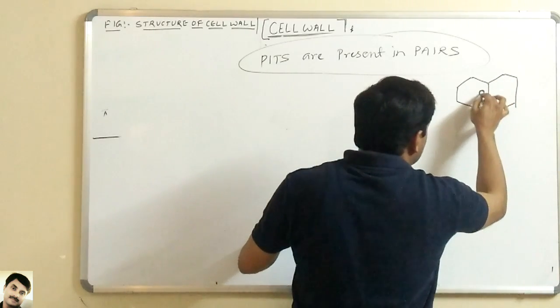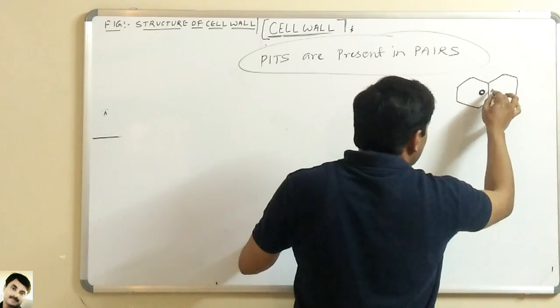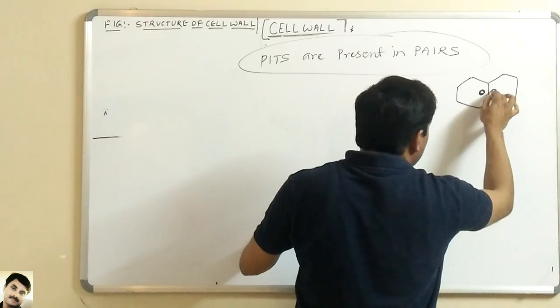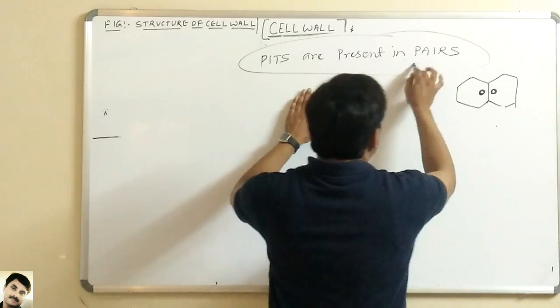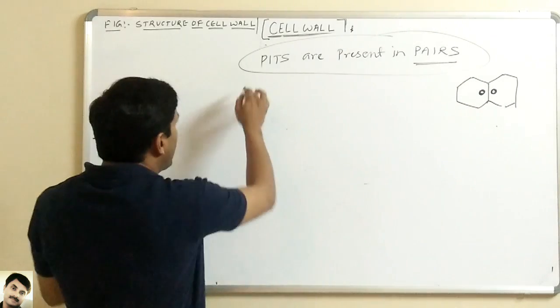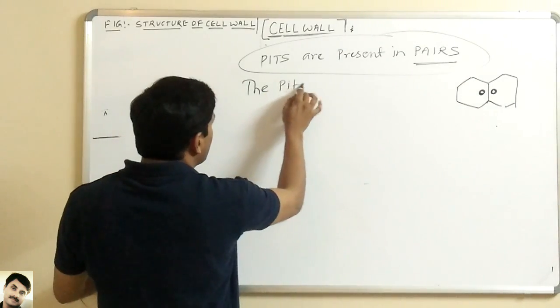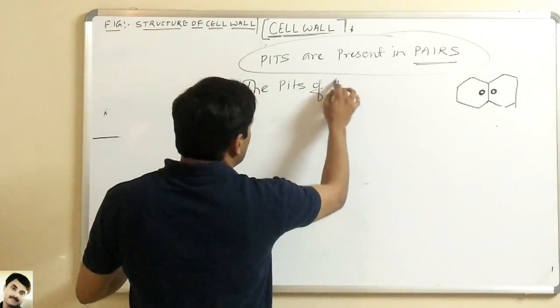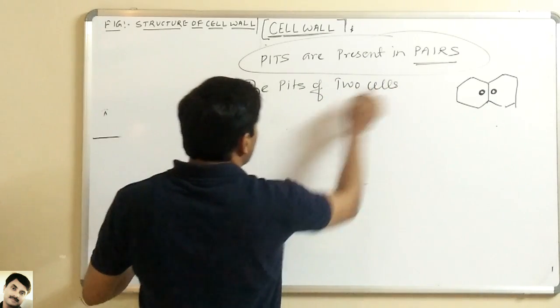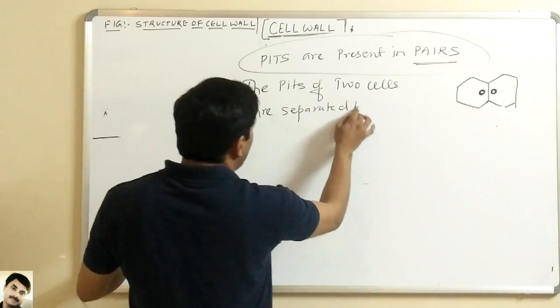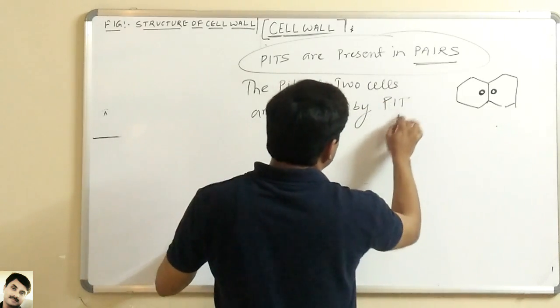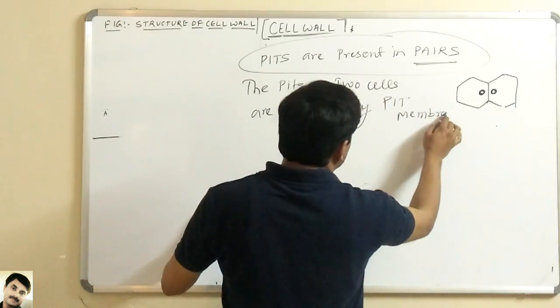So the pit of this cell is in front of the pit of the other cell. So always the pits are present in pairs, and the pits of two cells are separated by a pit membrane.